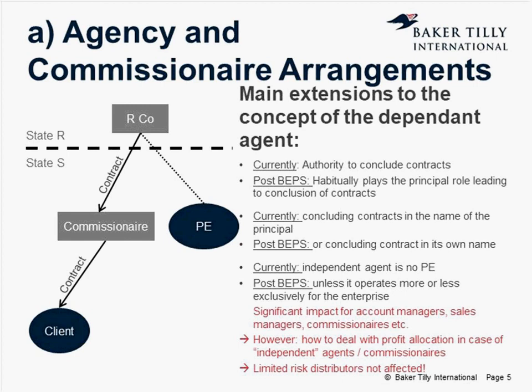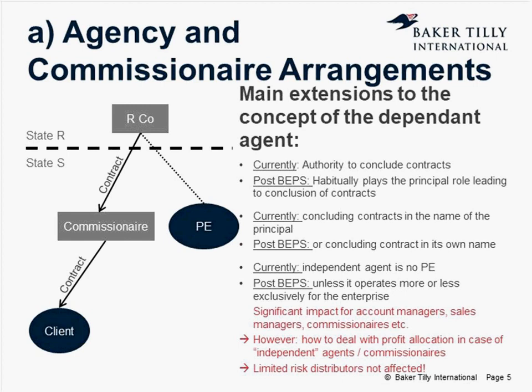The definition of an independent agent will change. And the message will be that independent persons that operate more or less exclusively for the enterprise will be deemed not to be an independent agent. So it's very important to review the current relationships you have with your, let's say, independent salespersons to see whether they will be a dependent sales agent in the future.